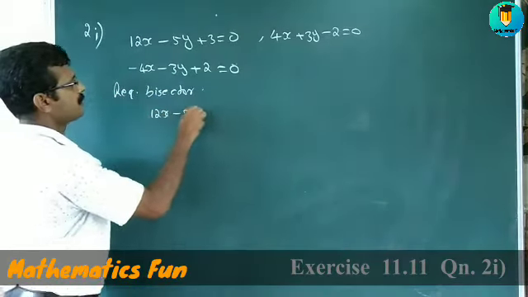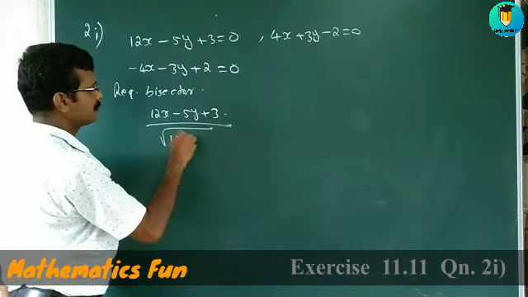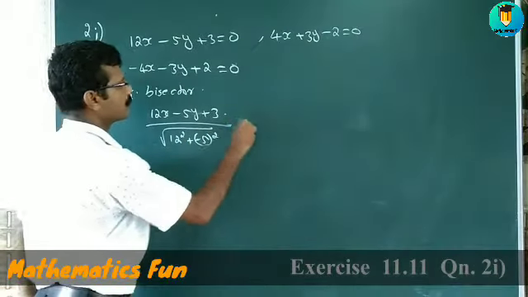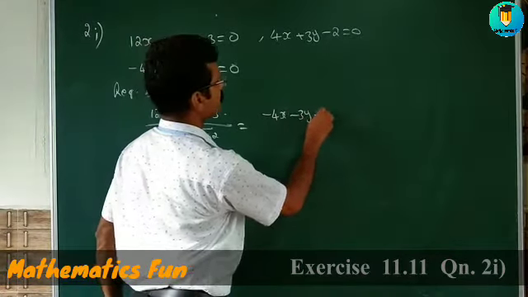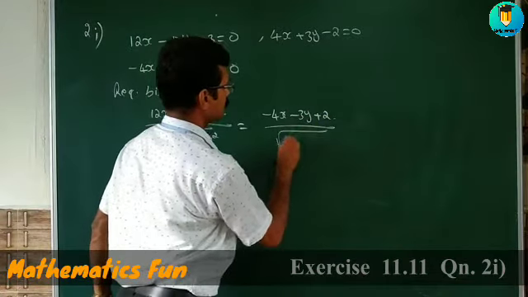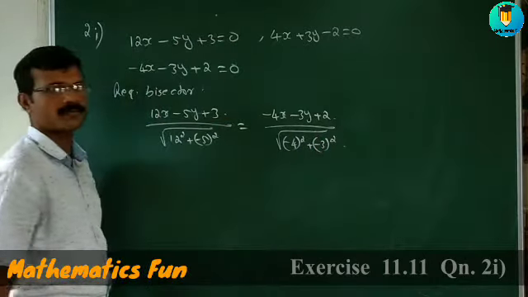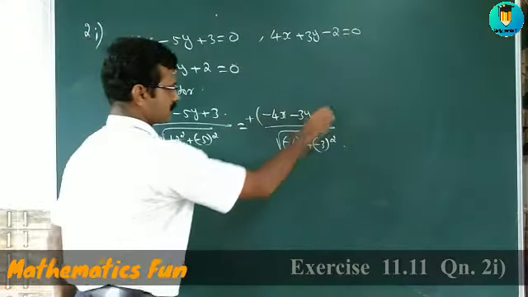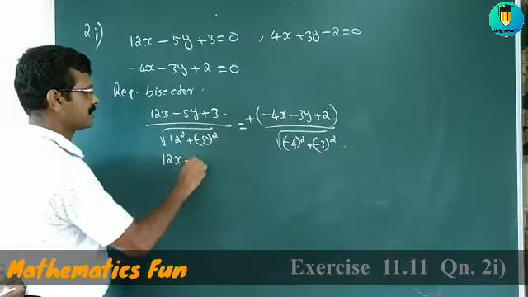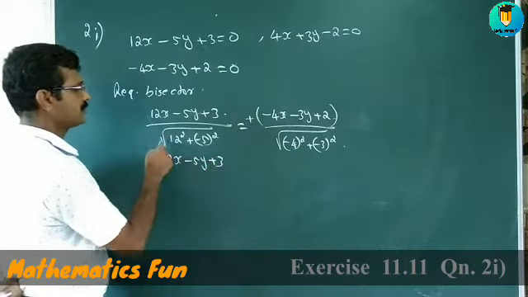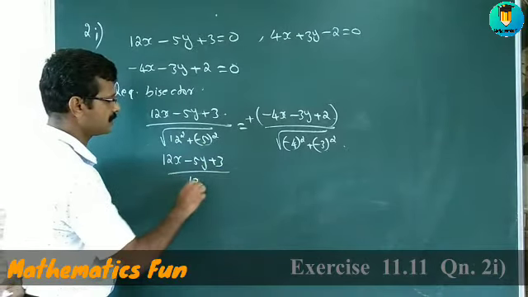Just use the formula in plus form. So I am not writing plus only: minus 4x minus 3y plus 2 divided by under root of minus 4 square plus minus 3 square. It is the plus formula. If you want, you can write it plus. Now in simplification, 12x minus 5y plus 3 divided by root of 144 plus 25, which is 169, so it is 13.